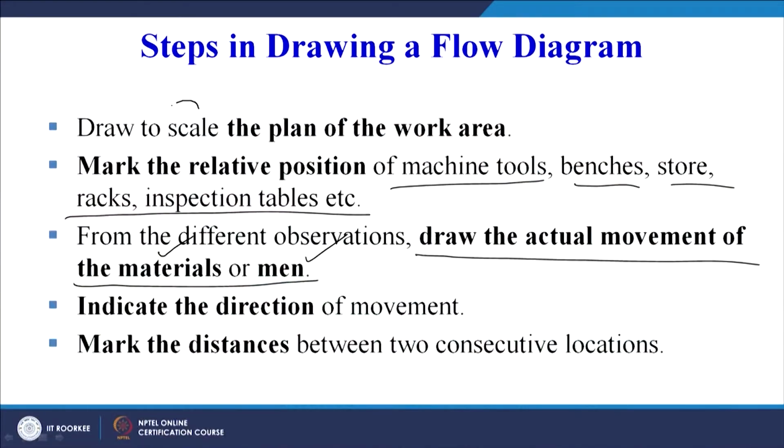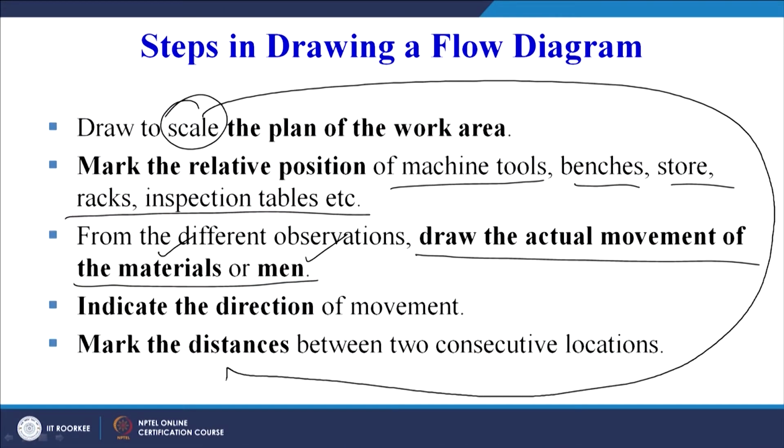Indicate the direction of movement, that is important because it will help us to establish the dependency relationships, like X can only be done when Y has been completed. Mark the distances between the two consecutive locations. Since it has to be done on scale, it is always important to mark the distances also.